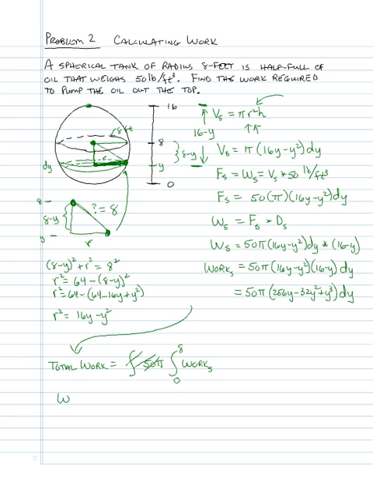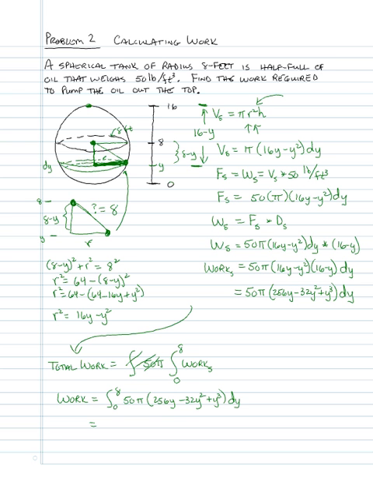So the work then for the half-full tank to be pumped out is going to be the integral from 0 to 8 of 50 pi times 256y minus 32y squared plus y cubed dy.